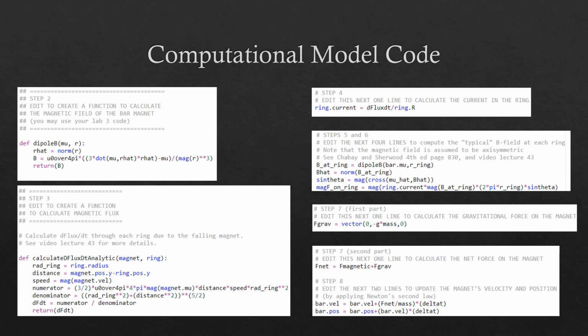Then I computed the typical B field at each ring using this current. Then I calculated the gravitational force acting on the magnet, and I added that to the magnetic force acting on the magnet to get the net force acting on my bar magnet. Once I had this quantity, I was able to update the position and velocity of the bar magnet continuously.